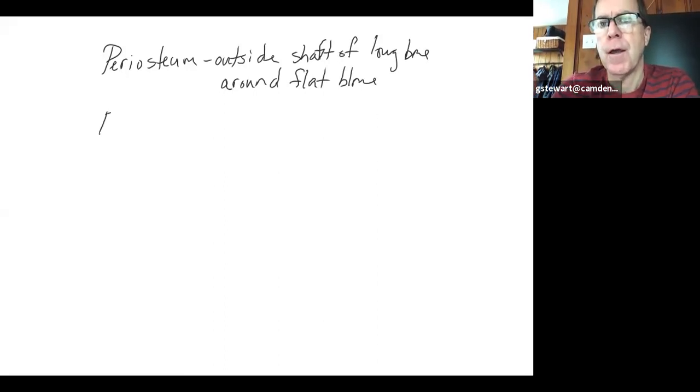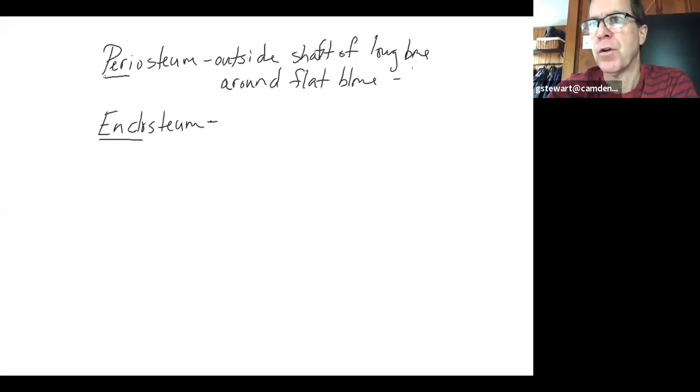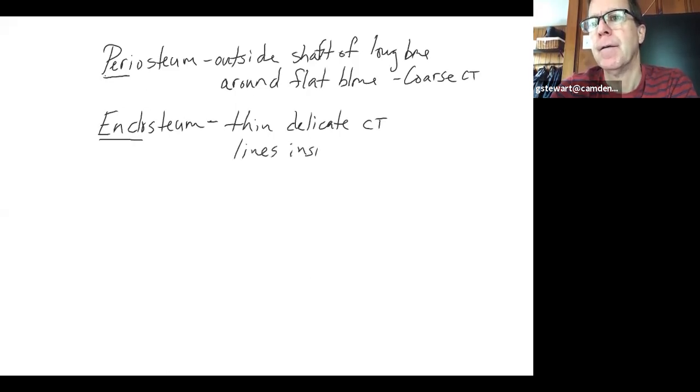This word, endosteum, you can probably guess means inside. Peri means around the outside. Endo means within. So the periosteum is coarse, dense connective tissue. Endosteum is thin, delicate connective tissue that lines the inside of the medullary cavity.